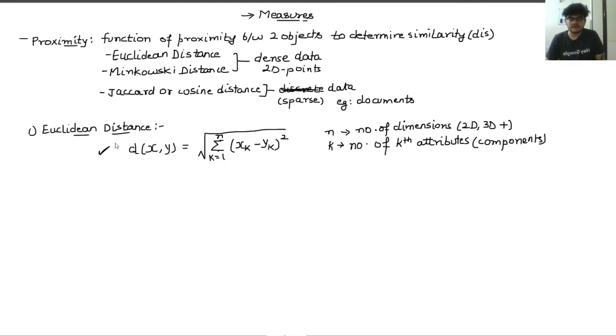Another variation of the same formula is a generalized form of it, given by Minkowski, and it is known as the Minkowski distance.